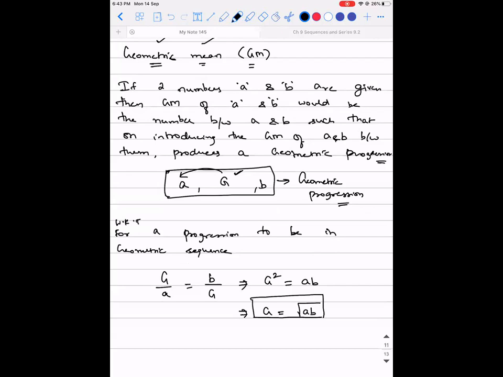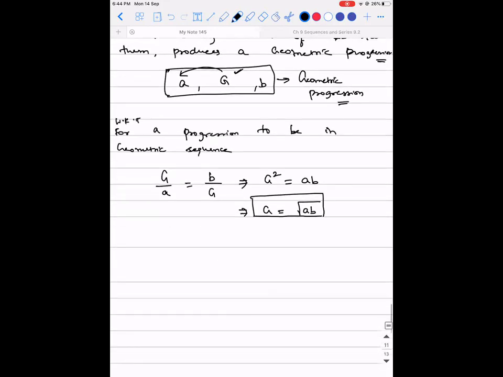Yes, sir. So in the previous case, that is in arithmetic progressions, we saw how to introduce one arithmetic mean. Then what did we see? What will happen when you want to insert n arithmetic means?